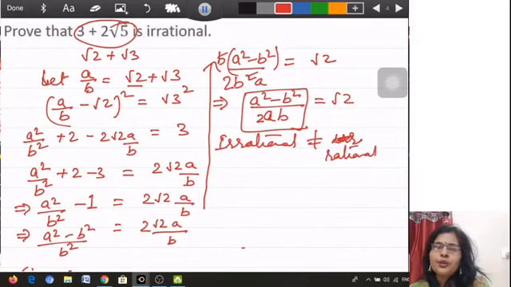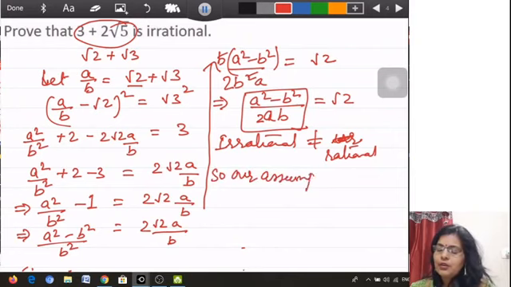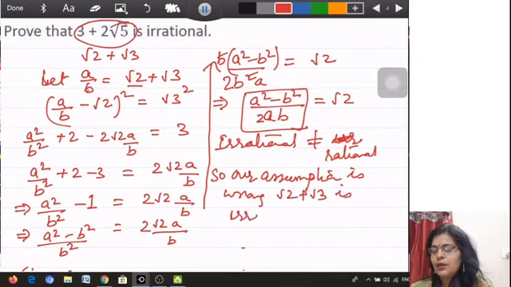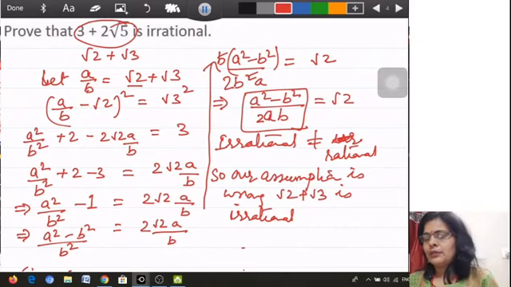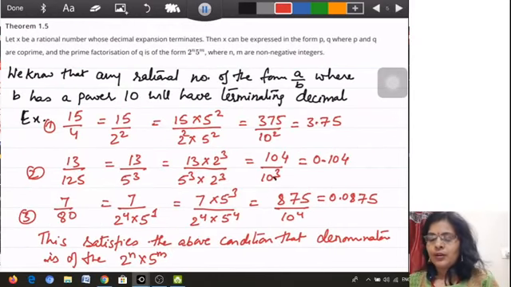So our assumption is wrong, and this root 2 plus root 3 is an irrational number. These are some different types of questions under this heading, and we can see this type of questions normally in the examination. Now let us come to the next type of question.